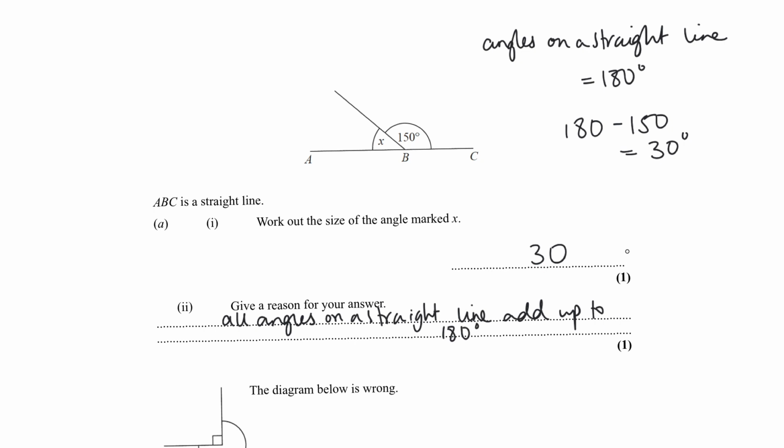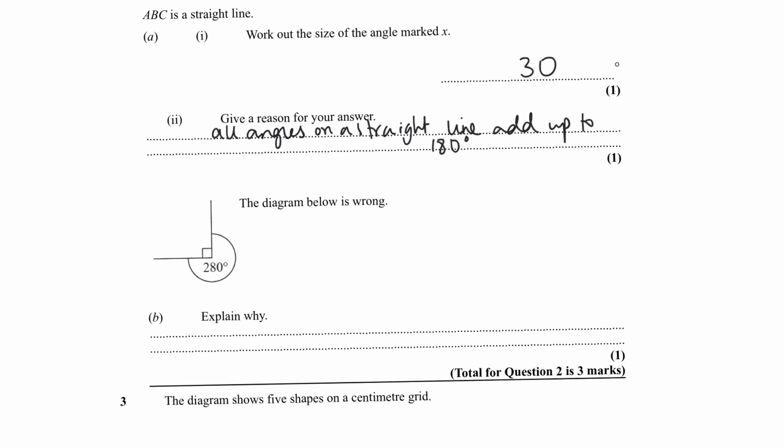180 degrees. Okay, so it says the diagram below is wrong. Explain why. Okay, so in a circle, all angles in a circle add up to 360. Well, we can see that we've got 280 here and we've got this box angle.